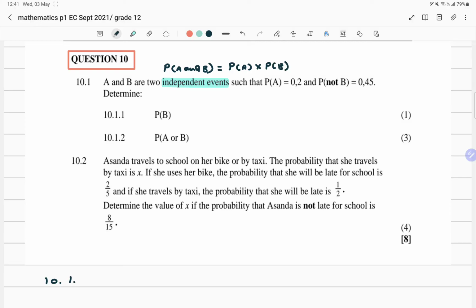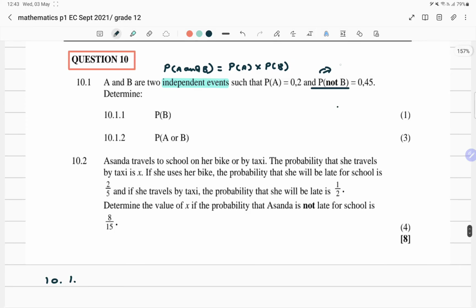So remember those things, they have what you need, such that the probability of event A is 0,2 and the probability of not B. So once they use not B, that means you're going to have to use the complement. Just a moment. Okay guys, so that means we're going to use complementary events here. Okay, that is some of the clues that you can gather, but these are straightforward questions essentially.